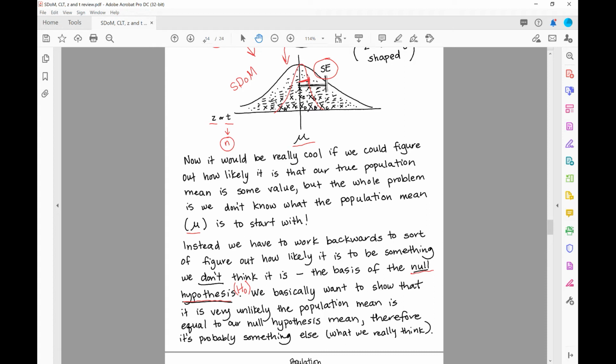And then we try to show that that's unlikely, right? So we basically want to show it's very unlikely that the population mean is equal to our null hypothesis mean. Because if it's really unlikely that it's this thing we don't think it is, then that must mean it's something else, which is what we really think it is. Again, this is very confusing, right? So we don't start by assuming it's what we hope, what's interesting. We start by assuming that it's boring and that it's this thing that we don't want it to be.